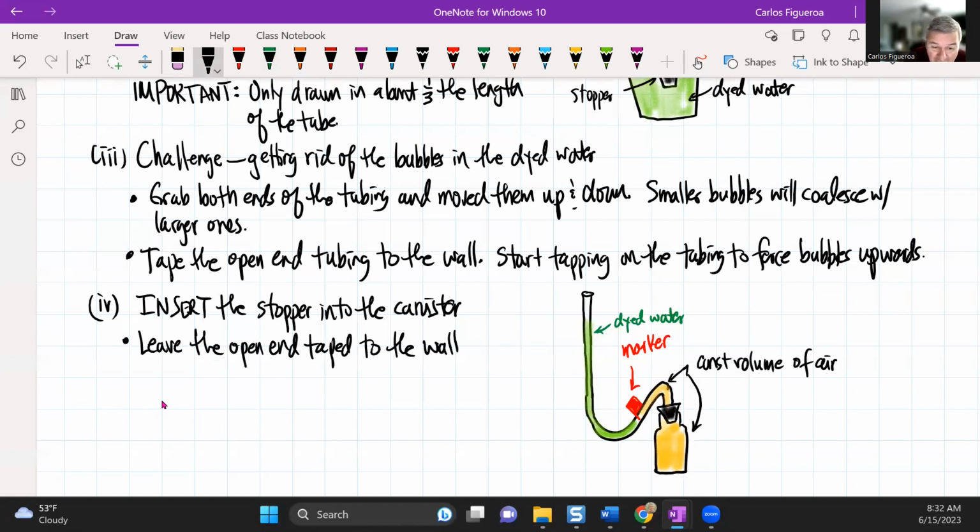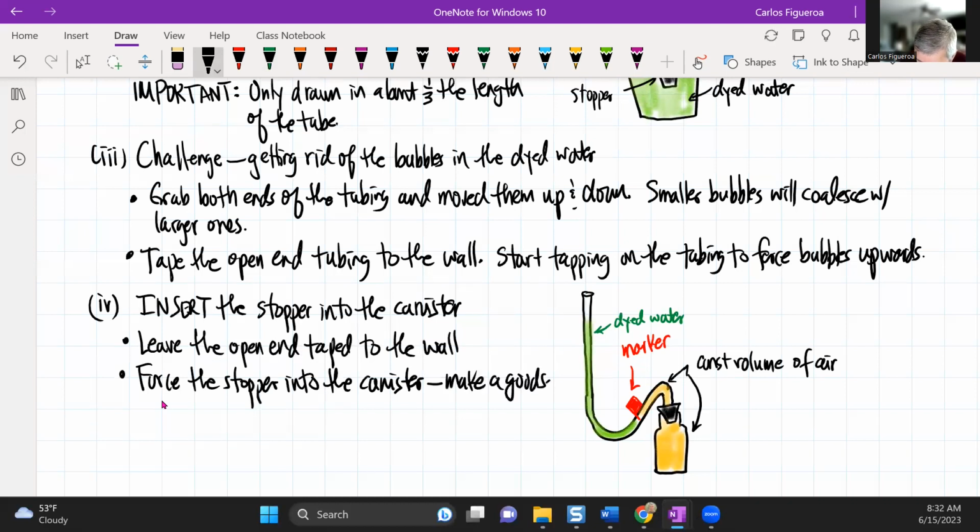Now you can use two hands to force the stopper into the canister. Now, this is important. Make a good seal. Otherwise, water's going to get into it.